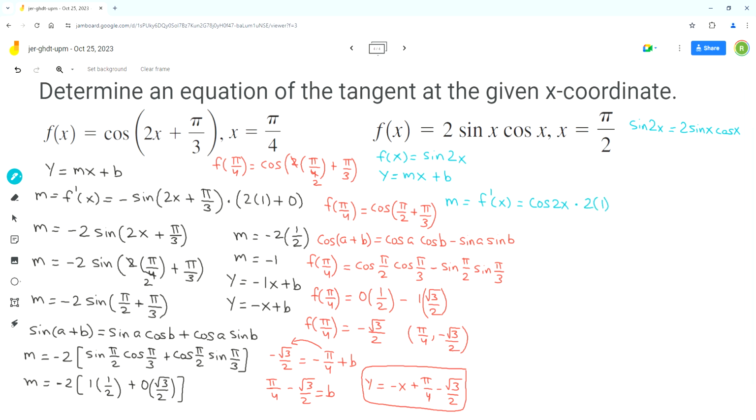So now we can simplify this expression. So 2 times 1 is 2, then we can move the 2 to the front. Now we can sub in x as pi over 2 to find the slope of the tangent. So in the cos term, the 2's get cancelled out.